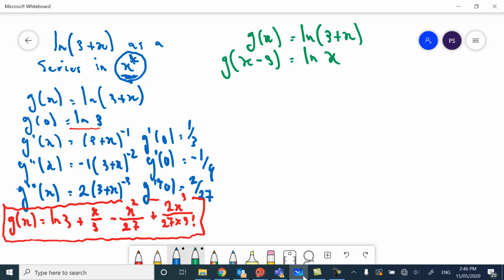Now, from the last video I did, I basically talked about what this is, and I'll let that equal f of x in this case. So if I'm looking at a series expansion of a Maclaurin series in x minus 3, that's really just a Taylor series. So I'm going to find a Taylor series for ln x, and remember, it's going to be about the point x equals 3.